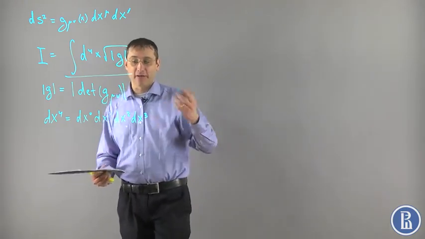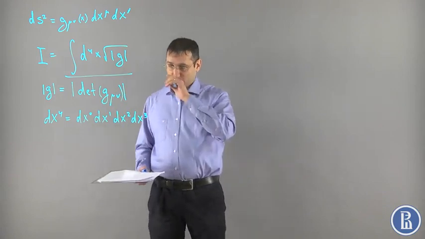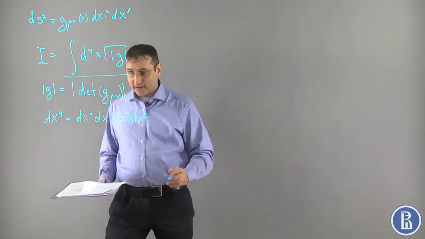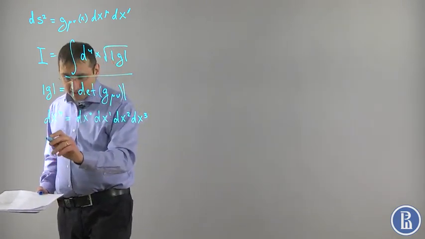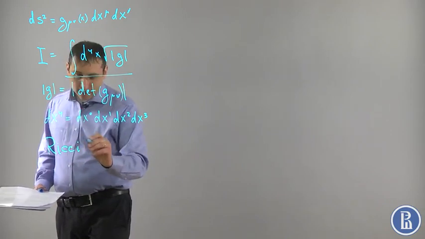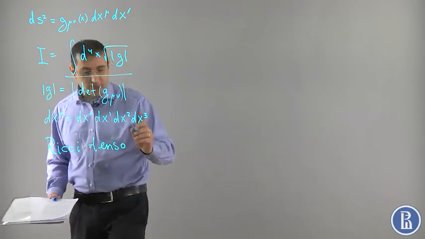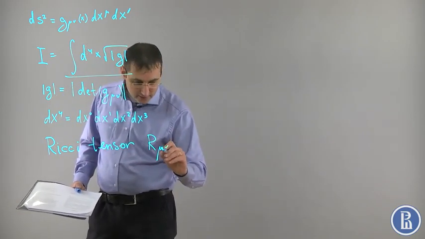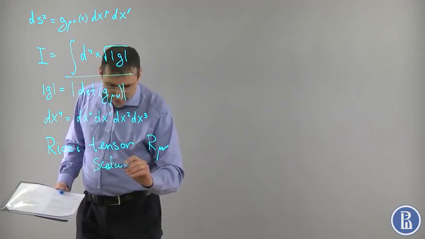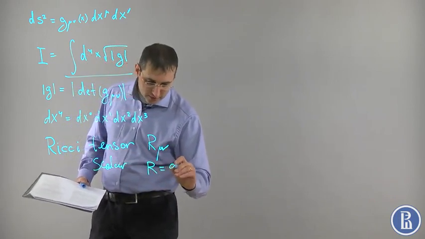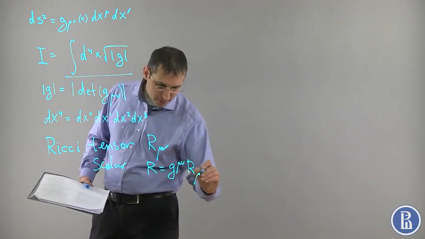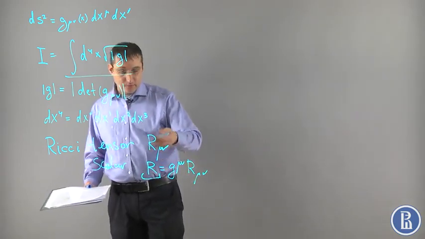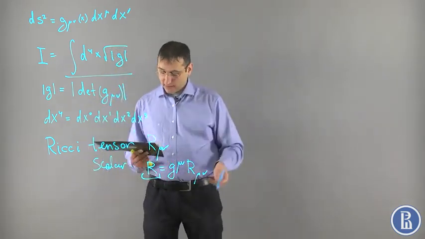We need to go a bit further and invent some other quantity which contains derivatives of the metric and is invariant. That invariant we know from the end of the last lecture, and that is the Ricci scalar R, built from the Ricci tensor, which is just g^{μν} R_{μν}. This is invariant, and we have to integrate it over the volume to obtain the action.